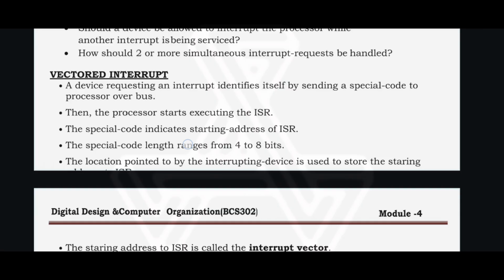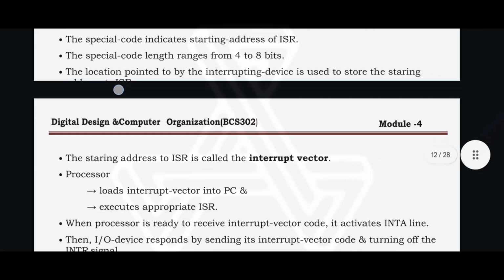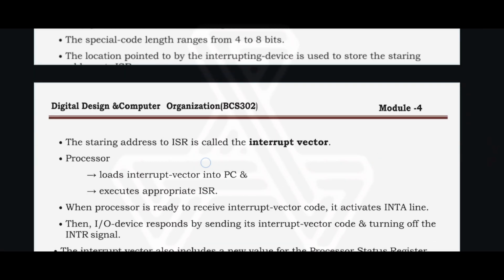The location pointed to by the interrupting device is used to store the starting address of the ISR. The starting address of the ISR is called the interrupt vector. The processor loads the interrupt vector into the PC and executes the appropriate ISR.